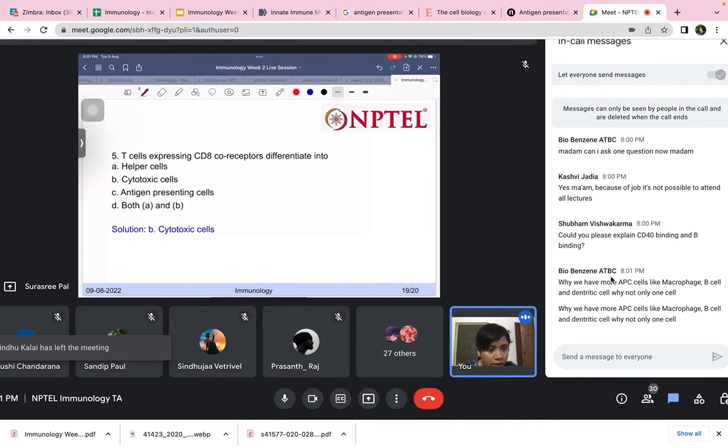Okay, CD40 and CD40 ligand binding, that I'll explain. And you are asking why we have more APCs like macrophage, B cell and dendritic cell, and not only one cell? Okay, that's a very interesting question, because these APCs, how do they present antigen? To present the antigen, you have to first recognize the antigen, right?